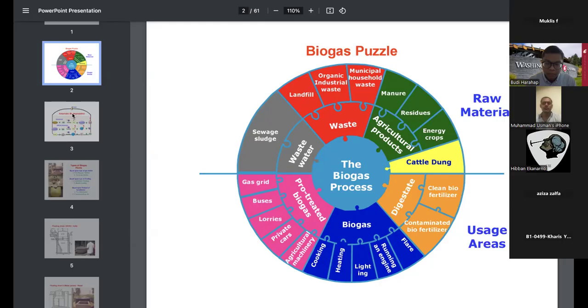There are basically two components in the biogas: one is methane, and the other is carbon dioxide. If you want to use the biogas as a fuel, you will have to upgrade it by removing the carbon dioxide from the biogas. That process is called pretreatment or upgradation of biogas. The upgraded biogas can be used as a fuel for the gas grid, buses, lorries, private cars, and agricultural machinery. Next slide, Buddy.